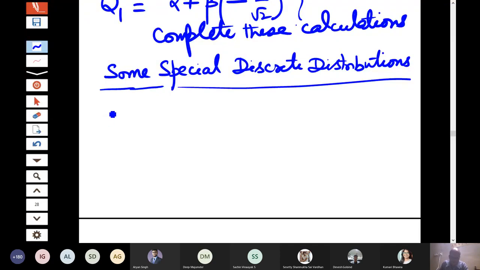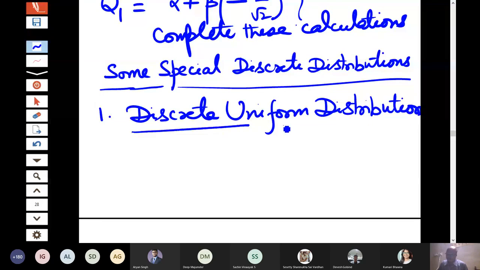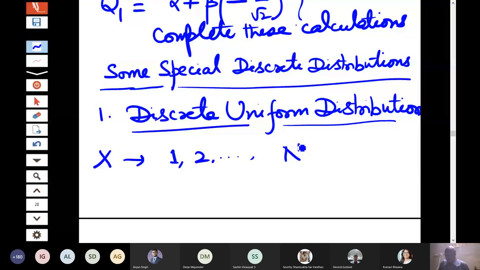Let me start with something very simple. The first one is the discrete uniform distribution. By the name itself, discrete and uniform. Discrete means it takes a certain number of values, and it gives equal probability. So the random variable X takes a finite number of values, 1 to n, each with equal probability.